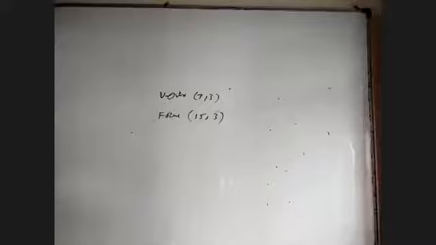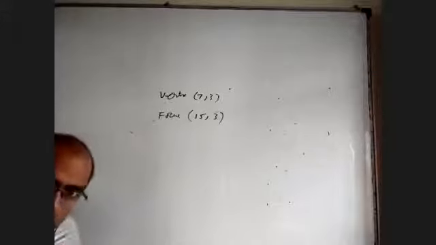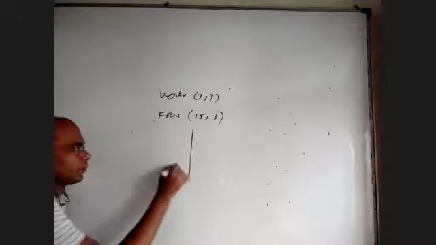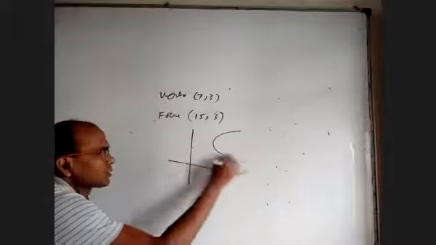Sir, y minus 7 whole square equals 24 into x minus 3. Is it y minus 7 whole square? Y minus 3 whole square. Okay. Yeah, we have a parabola like this.